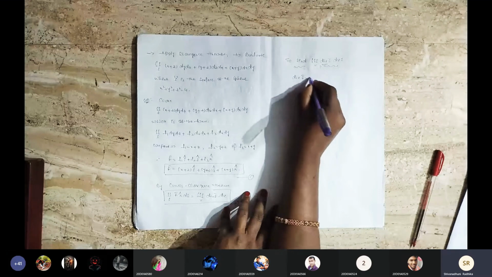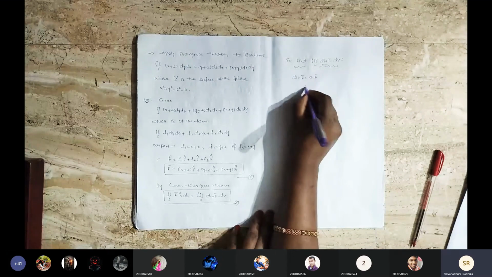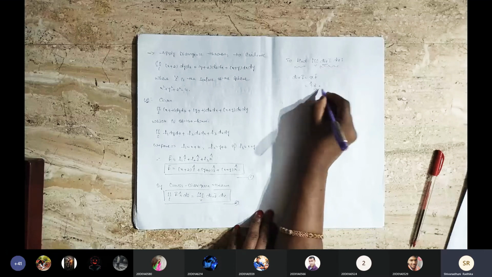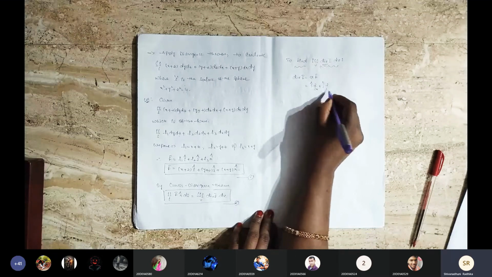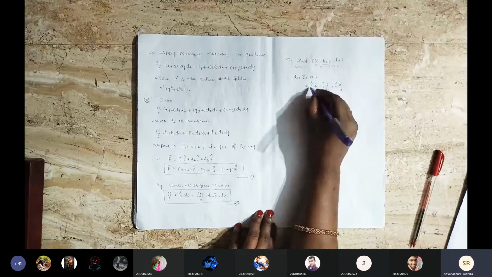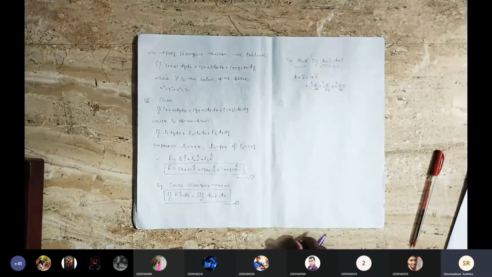Divergence F bar equals del dot F bar. Del is i cap dou by dou x plus j cap dou by dou y plus k cap dou by dou z, dot F bar.